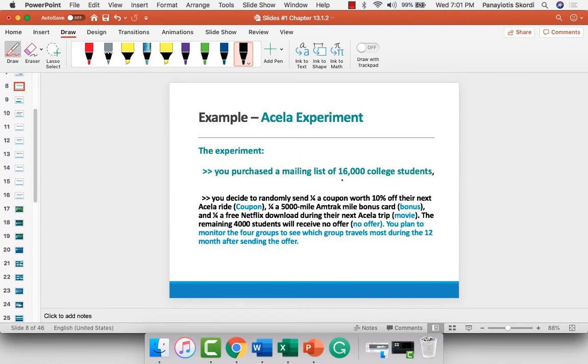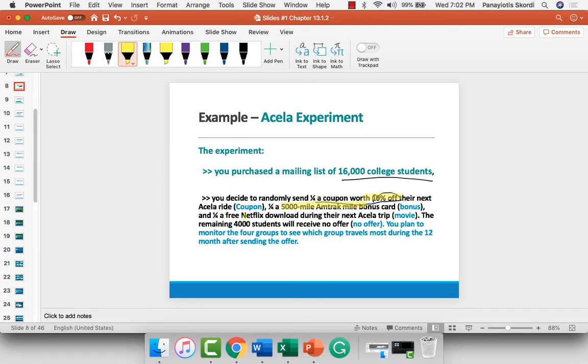They're going to take 16,000 college students, and they're going to give a quarter of them a 10% off coupon. Another quarter of them, they're going to give 5,000 bonus miles.